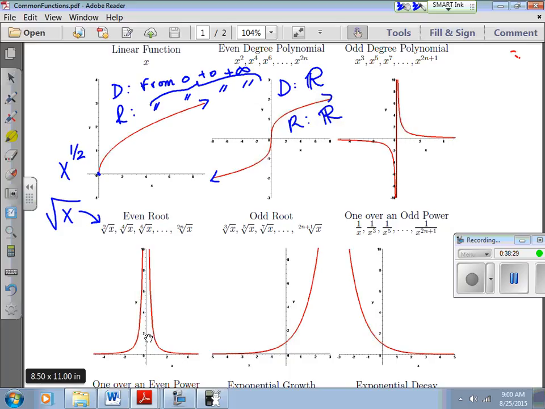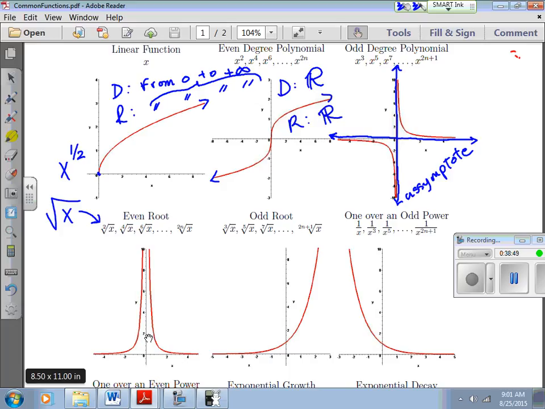Remember what this line is called? It's an asymptote. There's an asymptote here. And there's also an asymptote right there.